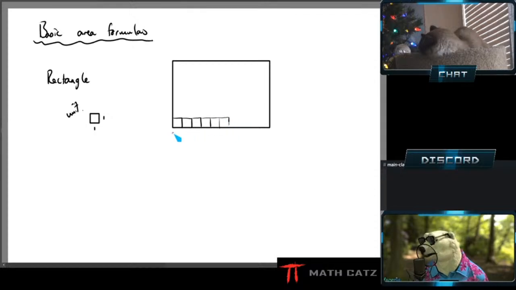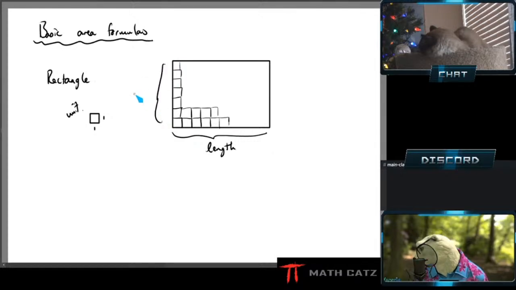So it's the number of squares I can fit in to make a row, and then I'll stack the rows. I'll have a number of squares that depends on the length of my rectangle, and the number of rows will depend on the width of the rectangle. You can call it the height as well, doesn't matter.